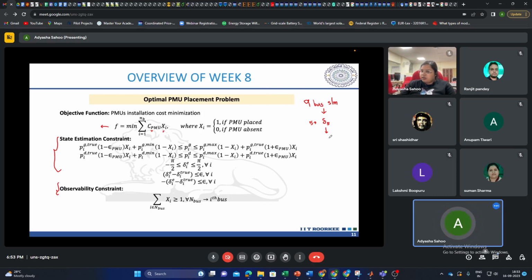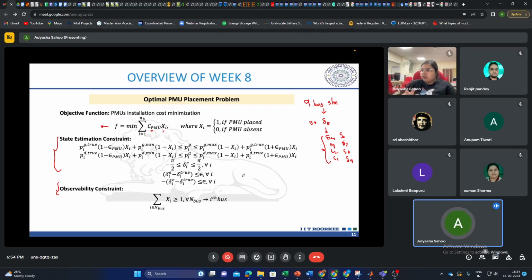That means using delta 5, you must be able to compute the states of all other buses in the system: delta 4, delta 3, delta 2, delta 1, delta 6, delta 7, delta 8, and delta 9. If using only delta 5 we can compute the values of all these states, then we can say the system is observable. But if using delta 5 you cannot compute the states of all the others, then our motive is not being fulfilled.